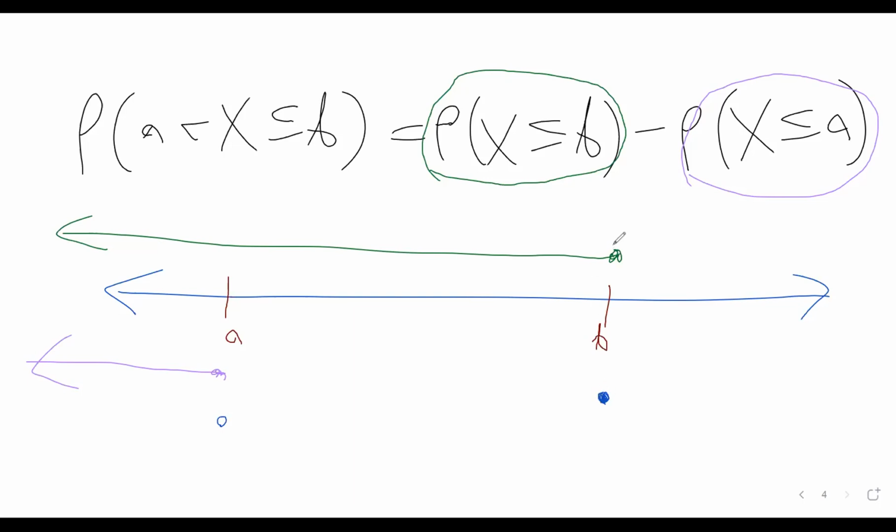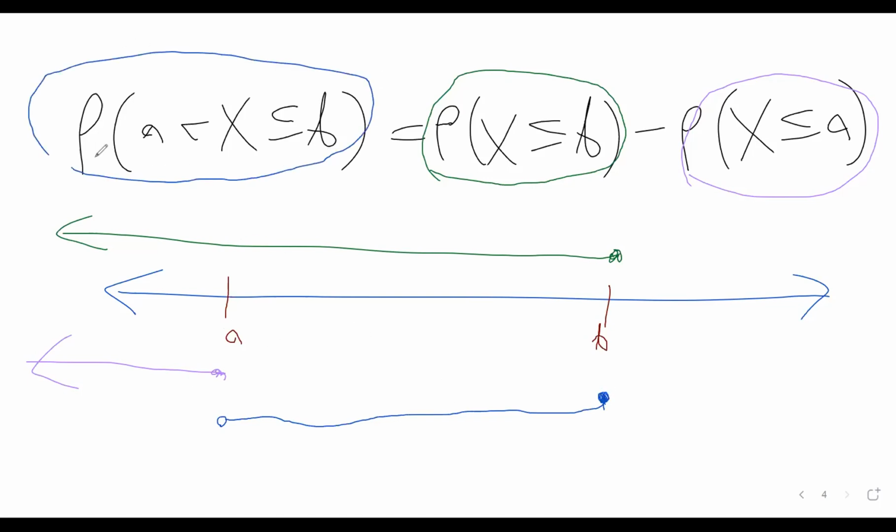We removed the a point because we subtracted the purple probability. So we're left with the blue values, the probability of a strictly less than capital X less than or equal to b.